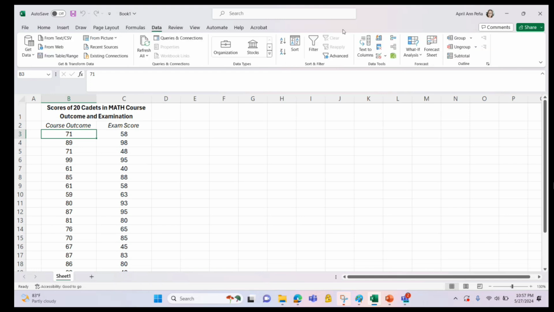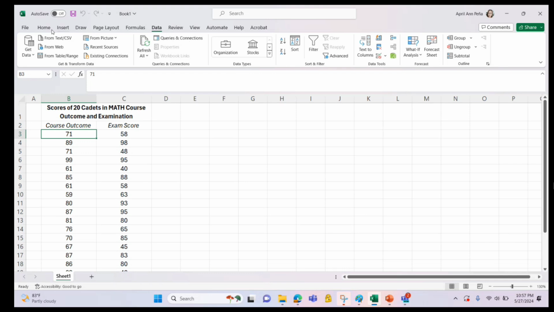Then you look at your screen if you do have the data analysis. Supposedly it should be here on the upper right corner in this portion. If you don't have it, you can actually add that in your Excel.